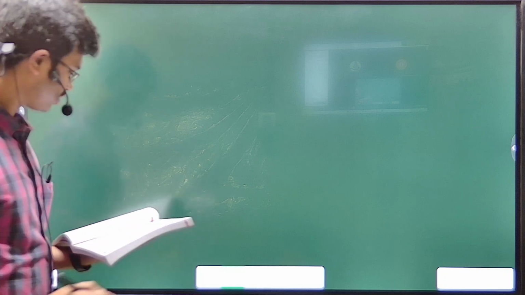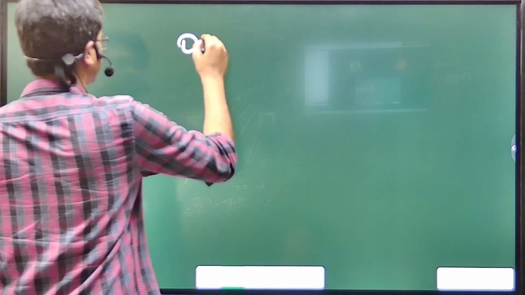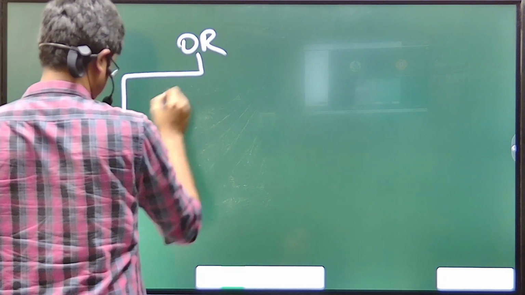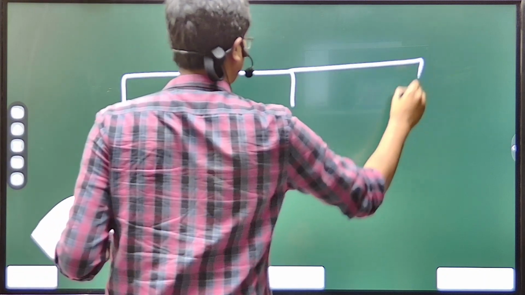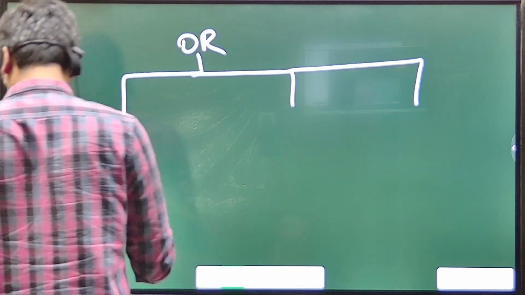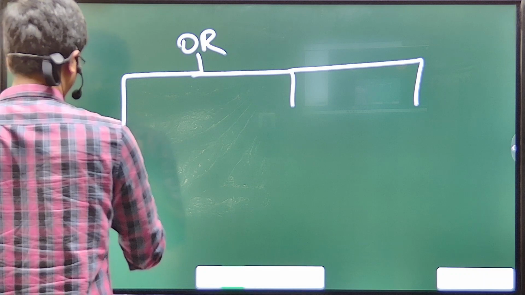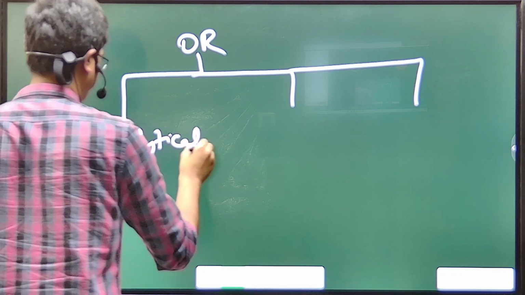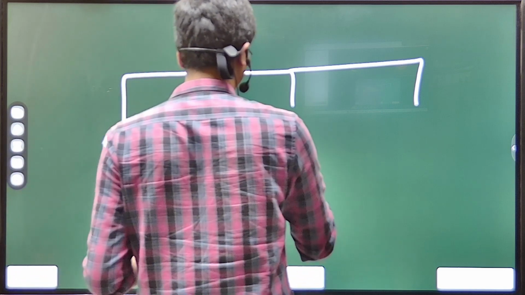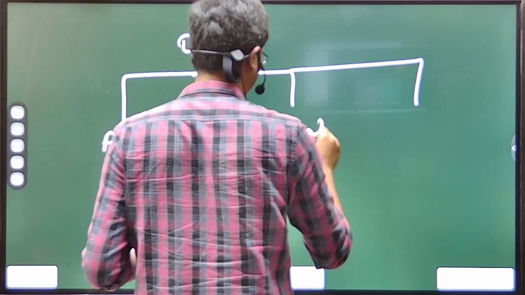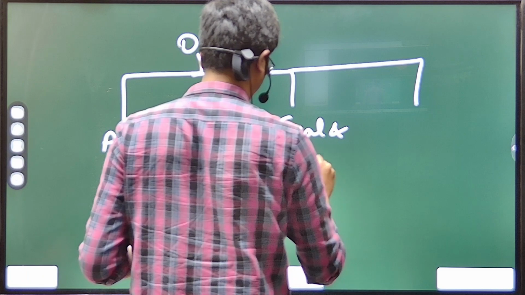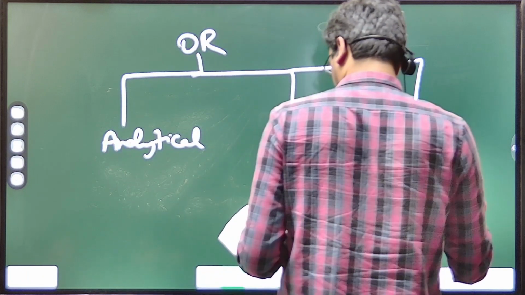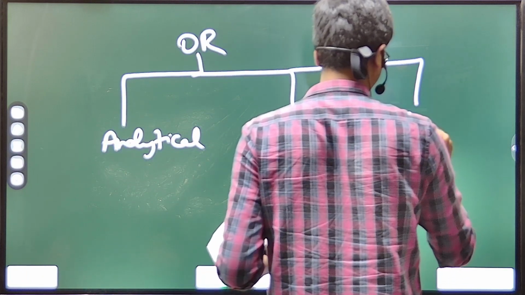Okay, now we will look at the different methodologies in operations research. Basically, in operations research, there are three types of methods. One is analytical, second is trial and error, and the third is simulation.